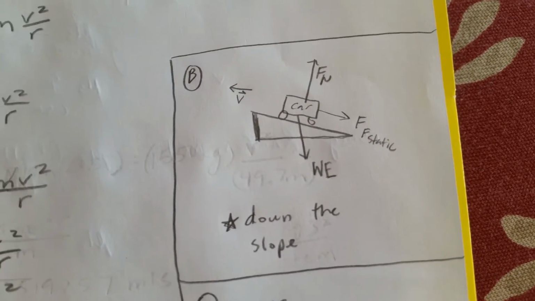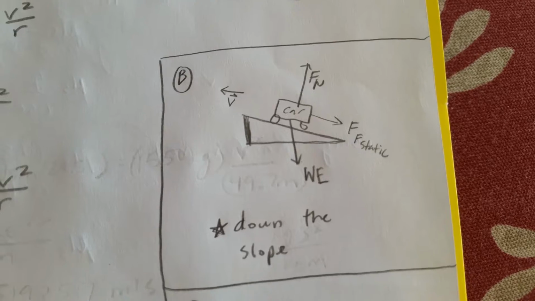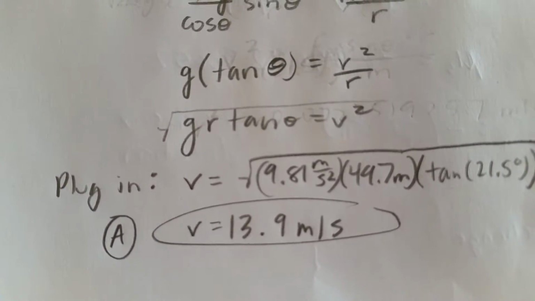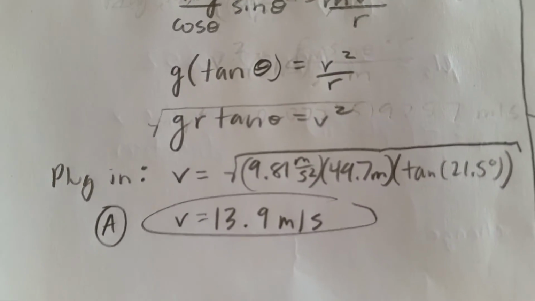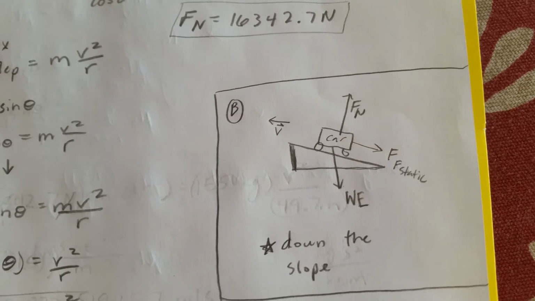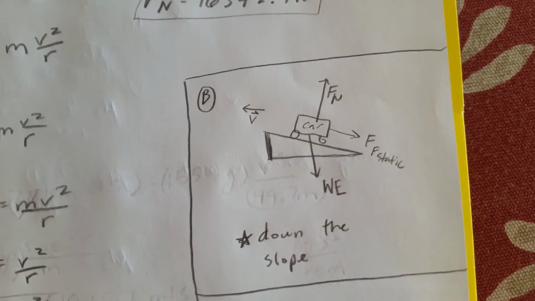So if you add friction now, that's going to change how fast or how slow you can go on that ramp in order to stay on it. 13.9 meters per second was the perfect speed calculated. So if friction is added now, it just increases the range of the speed that your car can go on that ramp without falling off.